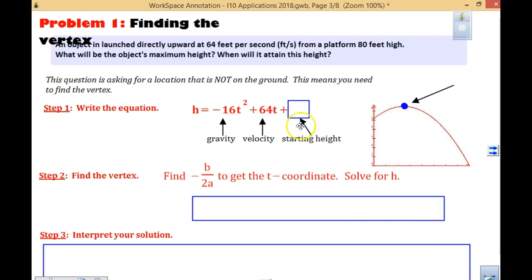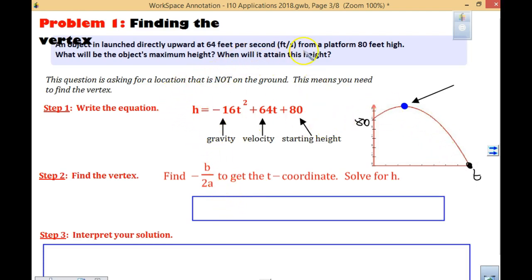And it started from a height of 80 feet. So when I'm looking at this picture, I know this is 80, right? That's 80 feet. That's my height. This is our time. We're trying to find when the time equals 0, okay? When it hits the ground.